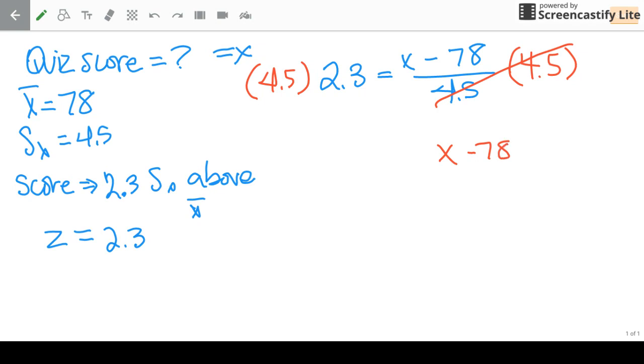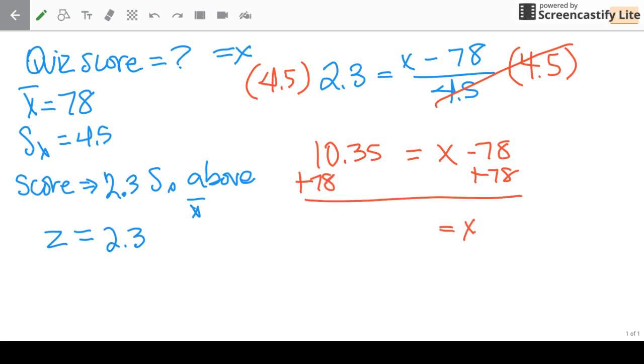So x minus 78 equals 4.5 times 2.3, which is 10.35, and then I'm going to add 78 to both sides. So x equals 88.35.